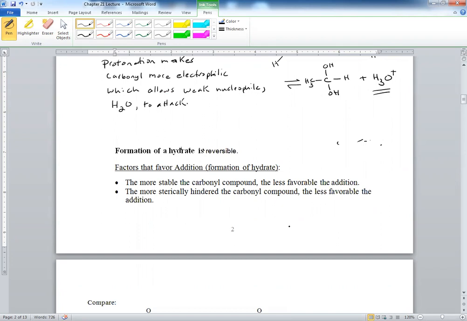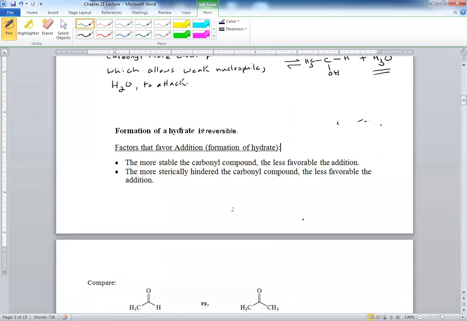If the aldehyde and the ketone have more stabilization effects, then the reaction won't take place. The more sterically hindered the carbonyl compound, the less favorable the addition. So there are factors that can make the addition favorable and thus form the hydrate.